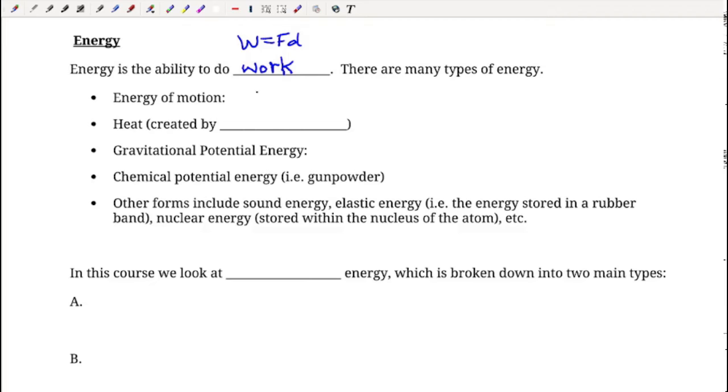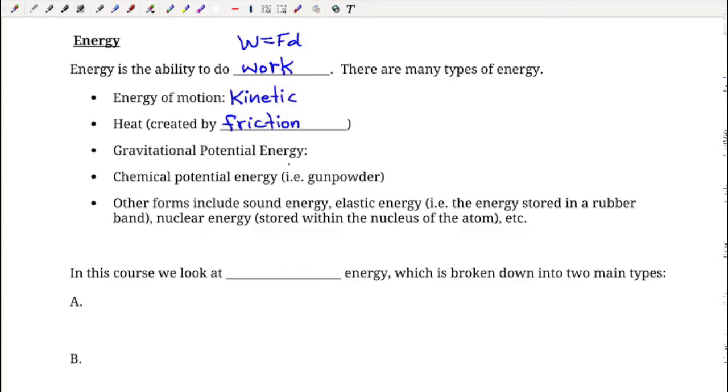So the energy of motion is called kinetic energy, and any object that is moving automatically has this kind of energy. Heat is also a form of energy, and it's often created by friction, although not always. We could create heat using a fire as well. We get lots of heat from things rubbing together in terms of friction.